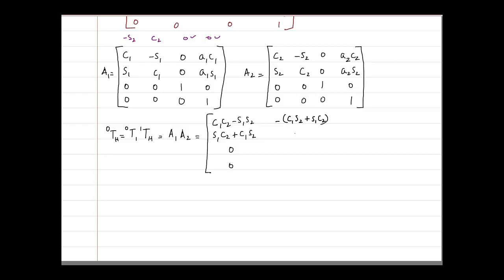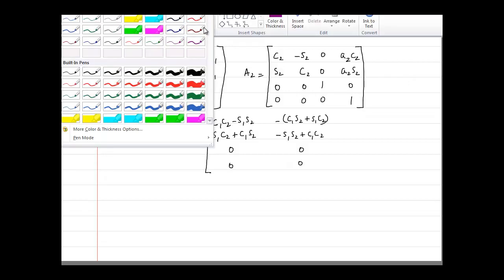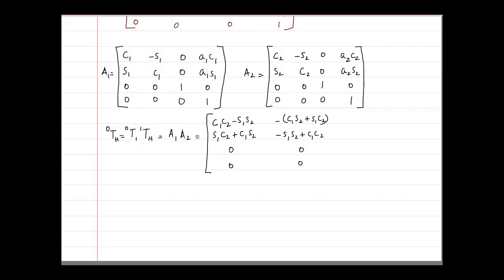Okay, and then the second one will be minus of S1 S2 plus C1 C2, and then it's all going to be zeros. And then for the next one, so again I will take out this one and I will try to write what is going to be the row here, which is going to be multiplied, is the third column, so which is going to be 0 0 1 0.